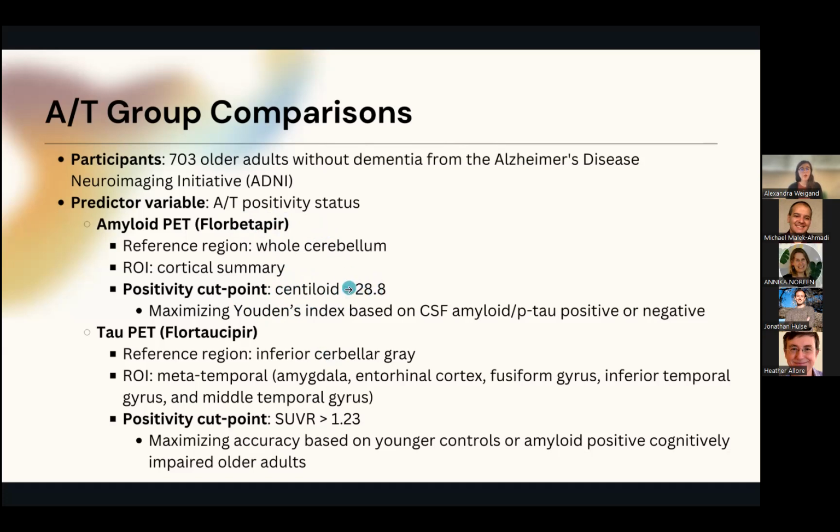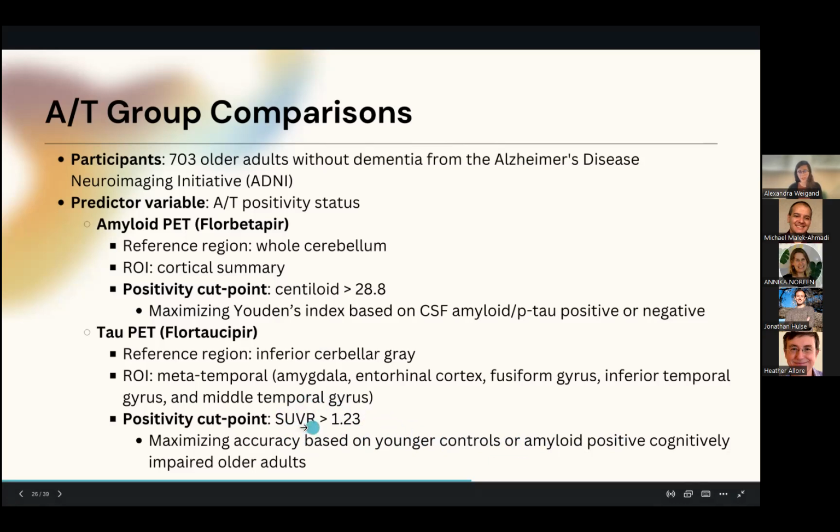The cut point was determined to be 28.8, which was from the literature, a cut point that maximized Youden's index based on CSF amyloid/p-tau positivity. For tau PET, I selected a cut point of 1.23 from that JAMA Neurology paper I mentioned earlier that maximizes accuracy based on younger controls versus amyloid positive cognitively impaired older adults.